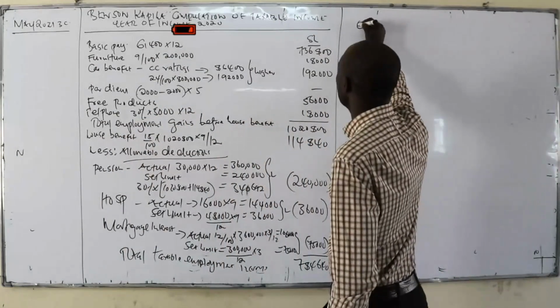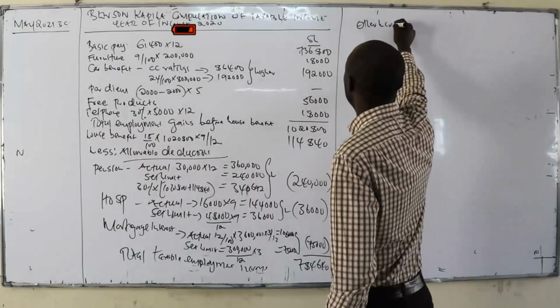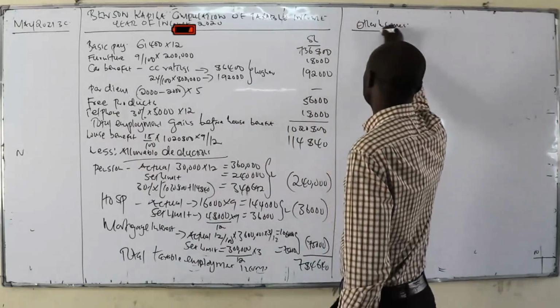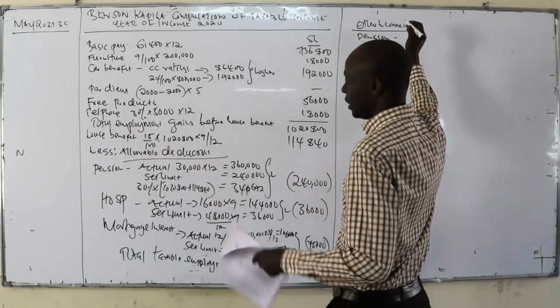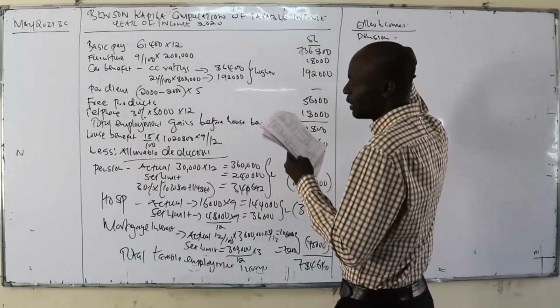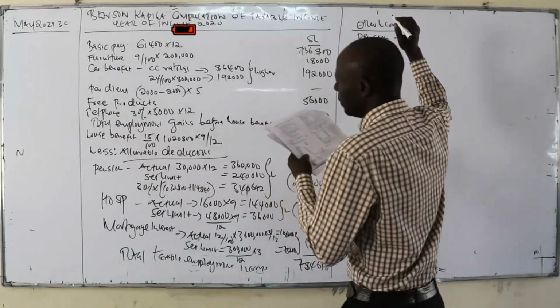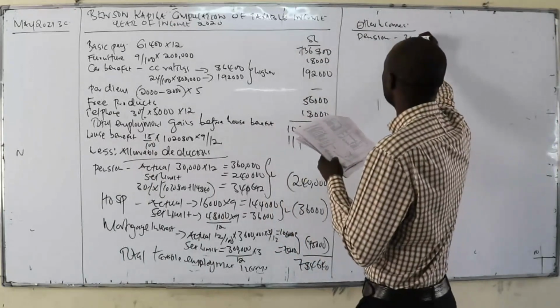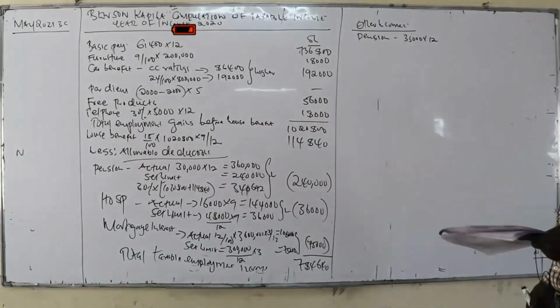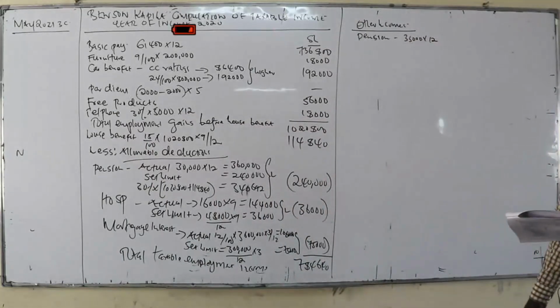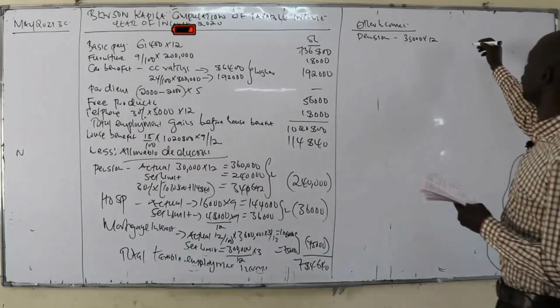So we have other incomes. Other incomes, you come here and write. The first income is pension. The pension is being given pension of how much? 35,000. That is an income. 35,000 times 12. How much is that? 420,000.